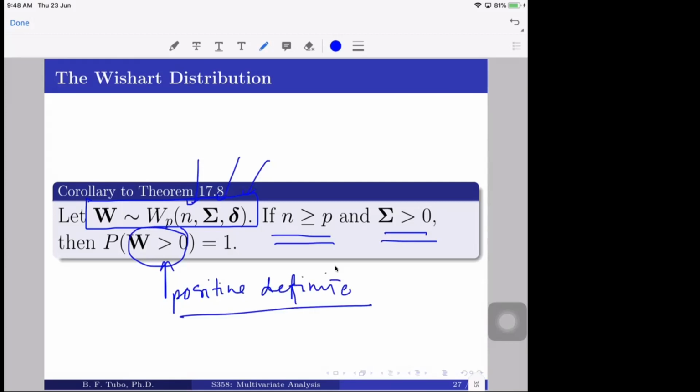The probability that this random matrix is positive definite is 1.